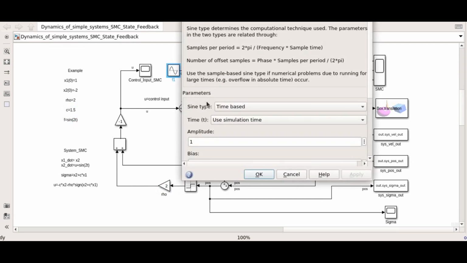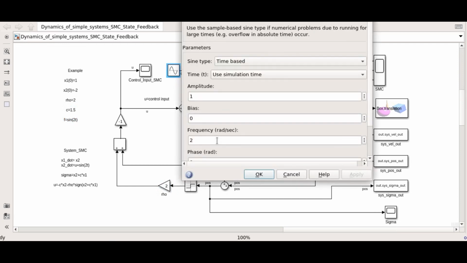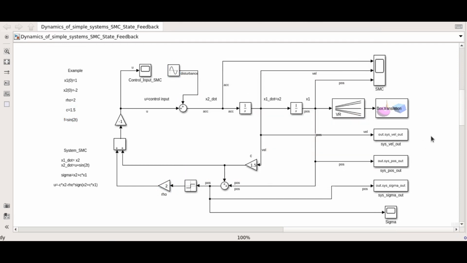This is our system definition: x1 dot equal to x2, x2 dot equal to u plus disturbance f. The sigma is x2 plus c x1. Thus, the u is found out to be minus c x2 minus rho sign of (x2 plus c x1).